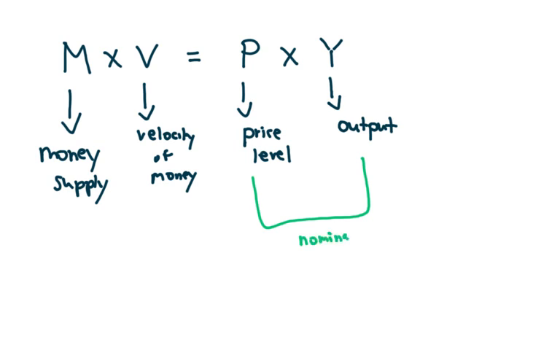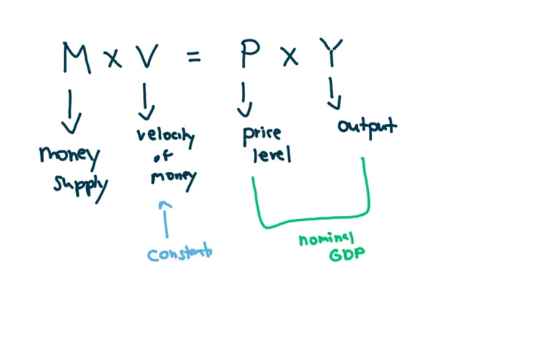If you take what a country is producing and express it in that year's prices, that is nominal GDP. And so we're saying that the amount of money in the economy times how often that money changes hands is equal to nominal GDP.